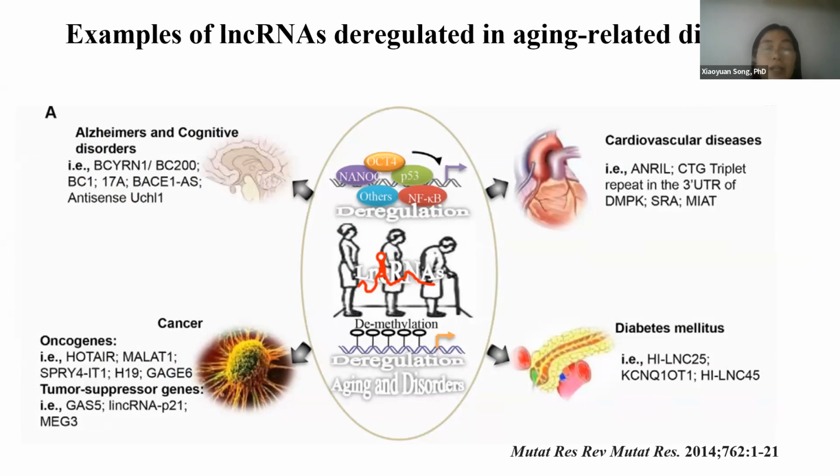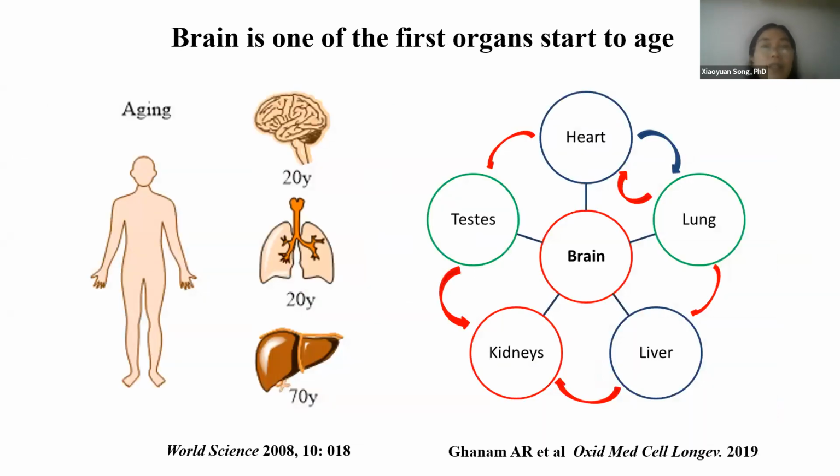Next. Among different organs, the brain is one of the first to start aging. In human, it is reported that brain and lungs are the first to start aging in the 20s.